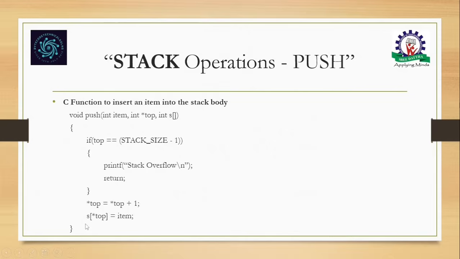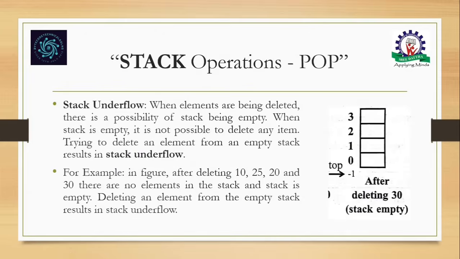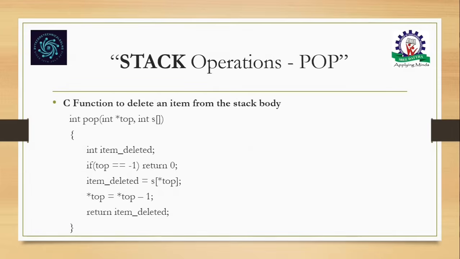Whenever the function is not returning any value, we take the data type of the function as void. Now here in the pop function we are going to return the item deleted value. The item deleted value is of type integer, hence the return type of the function will also be integer.